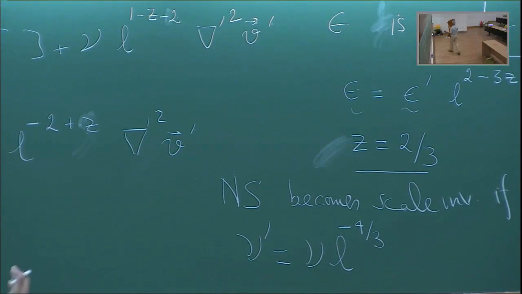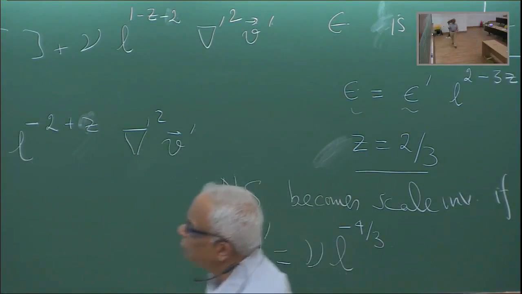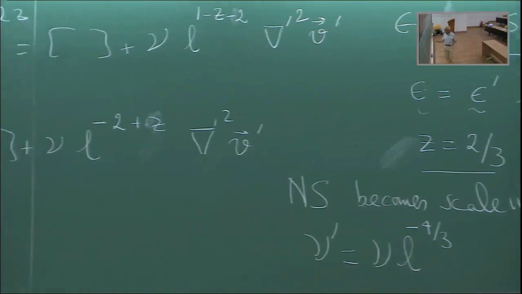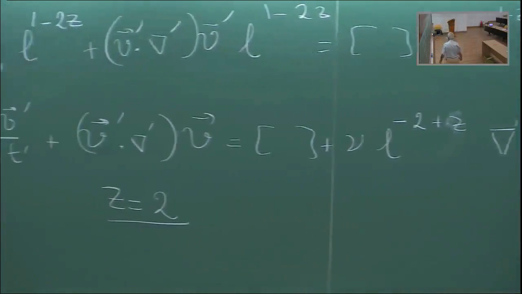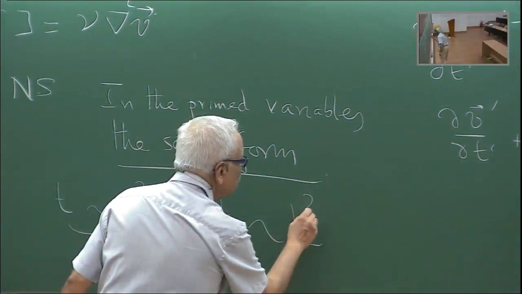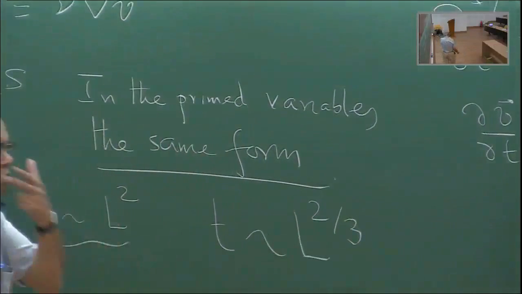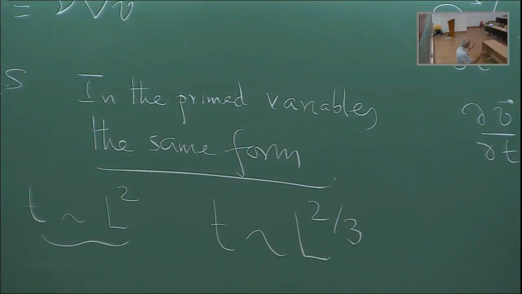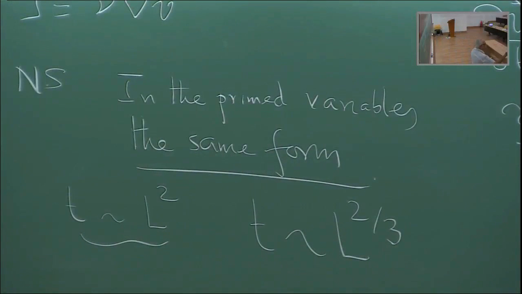Absolute physical sense, because the time scale for diffusion, which was T like L square, has now become T like L to the power 2 by 3, which means that to spread over a distance L, here it is momentum spreading.